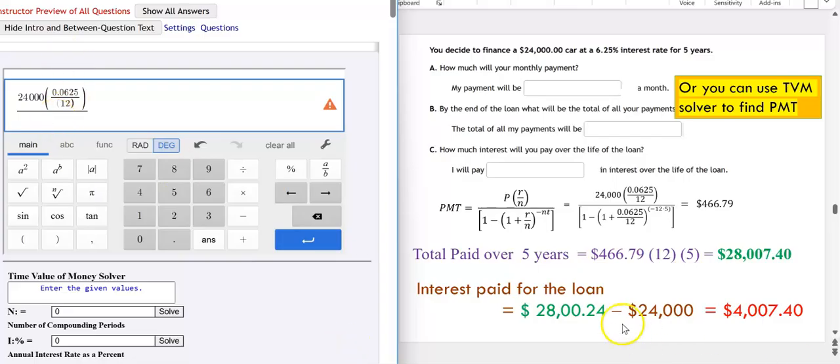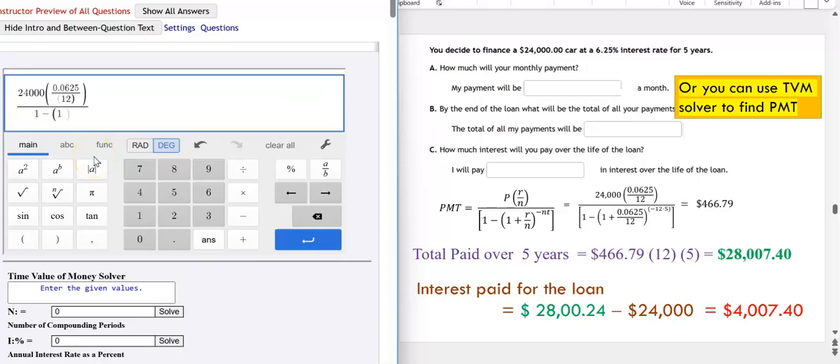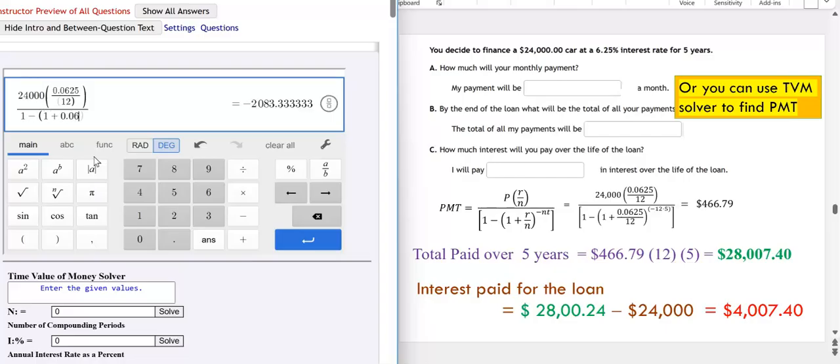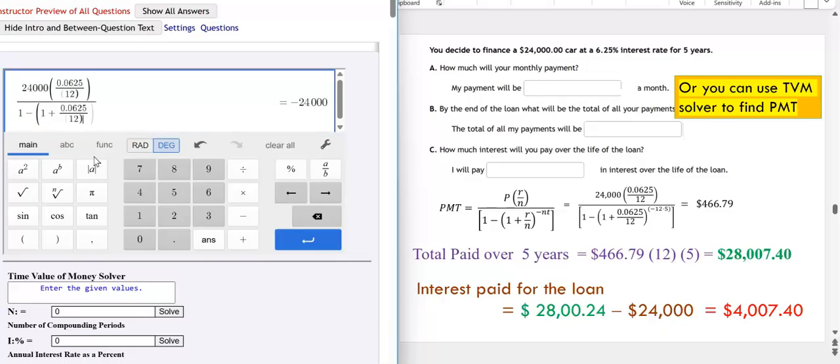Type the denominator: 1 minus parenthesis, 1 plus 0.0625 divided by 12, close the parenthesis, to the power, negative.